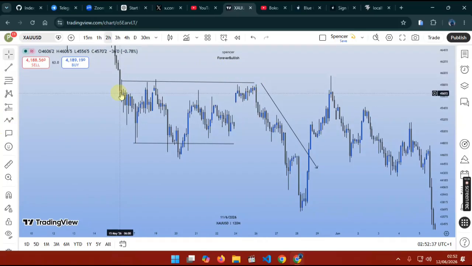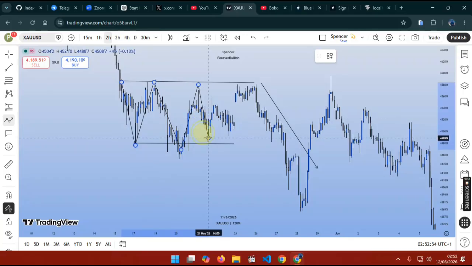The market started from this point, with equal highs, equal highs, equal highs.